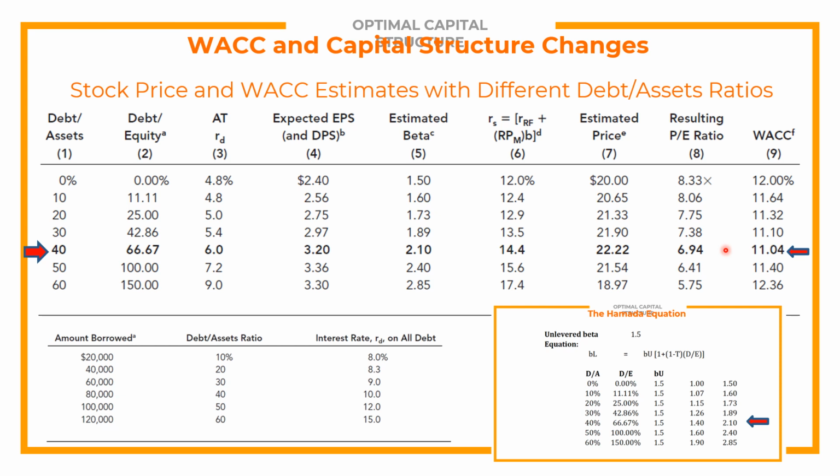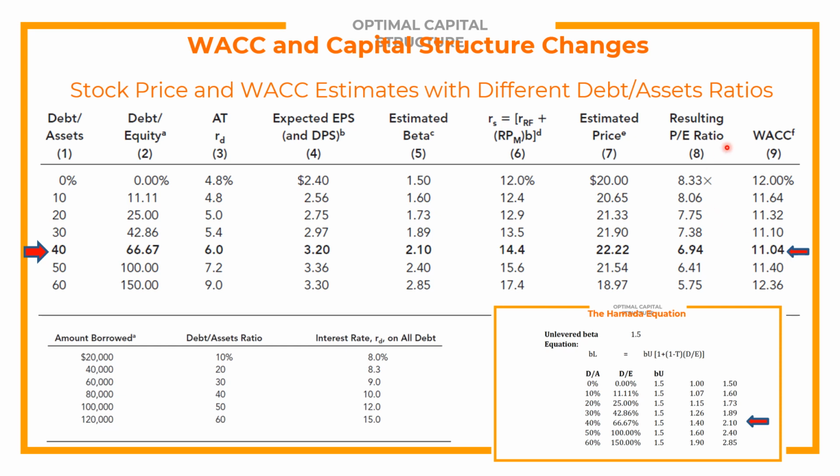Now we can get the WACC. Our WACC would be the 40% weight of debt times the after-tax cost of 6%, plus 60% times the 14.4% cost of equity. And that would give us an 11.04% WACC.